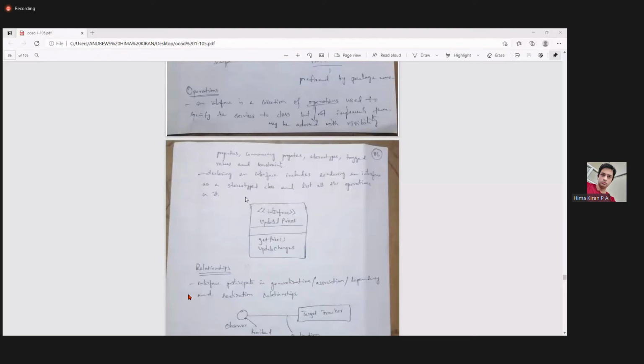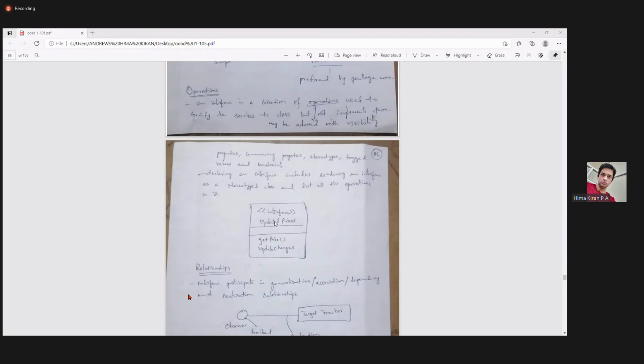Next, declaring an interface includes rendering an interface as a stereotyped class and listing all the operations in it. Read this statement again. Declaring an interface includes rendering an interface, that means representing an interface as a stereotyped class and listing all the operations in it.